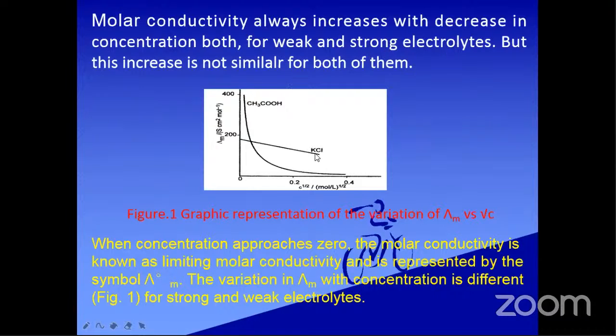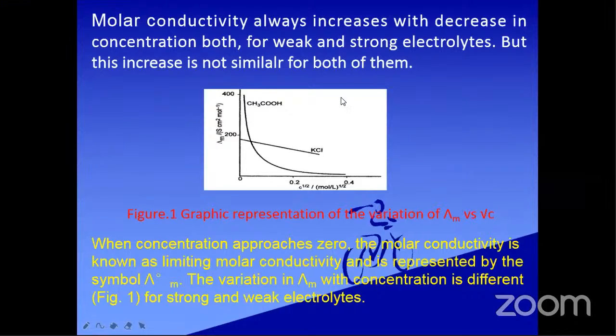For example, acetic acid is a weak electrolyte. All weak acids as well as weak bases come under weak electrolytes. All strong acids as well as strong bases come under strong electrolytes. Whether the electrolyte is weak or strong, by decreasing the concentration, molar conductivity increases. It is an inverse relationship.